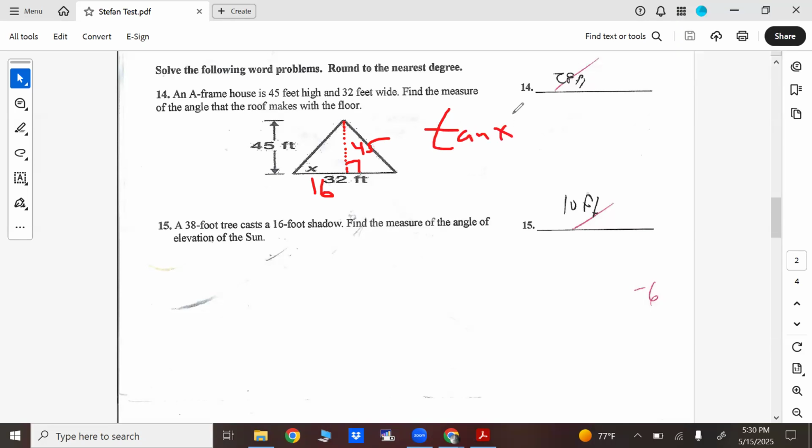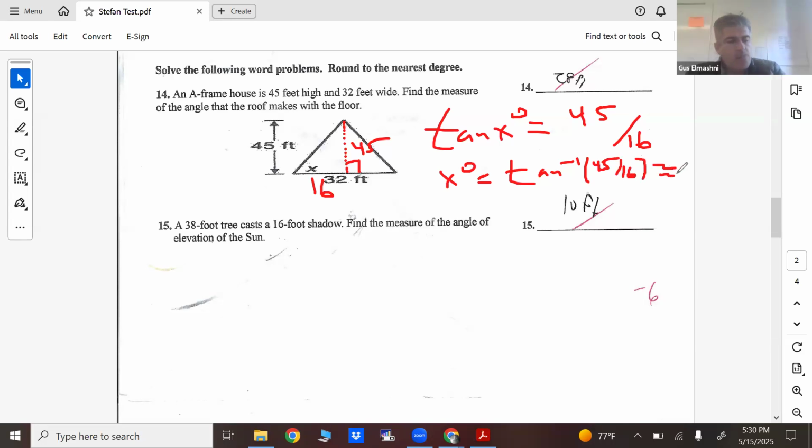Yeah, work that out. All right. Go 70.4 degrees.